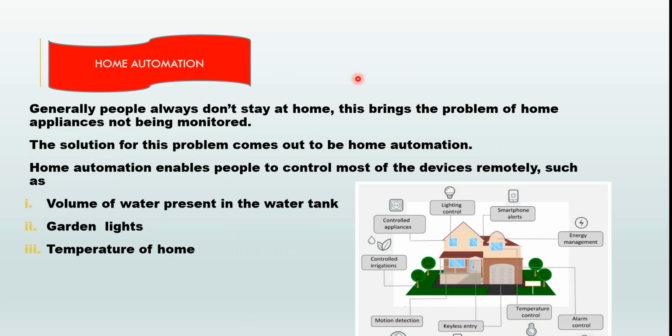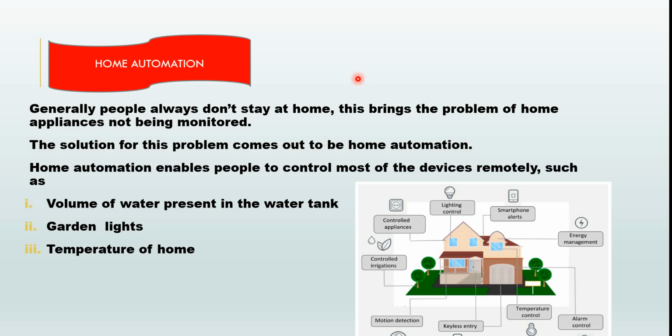Home automation. This is our main project, home automation. Generally, people don't always stay at home. Some people will be in the office, some in college or school. But what if someone forgot the heater at home, or all the lights were left turned on while going out, and we haven't noticed.